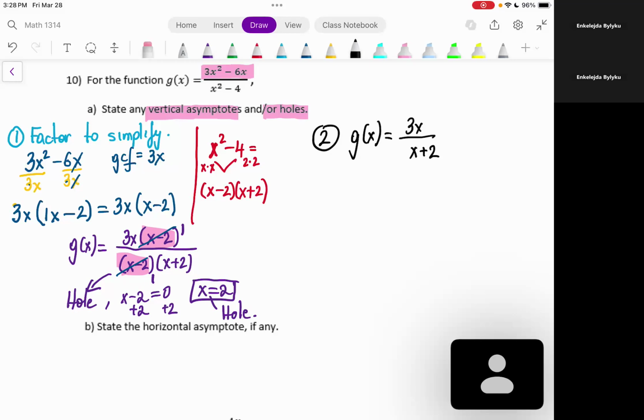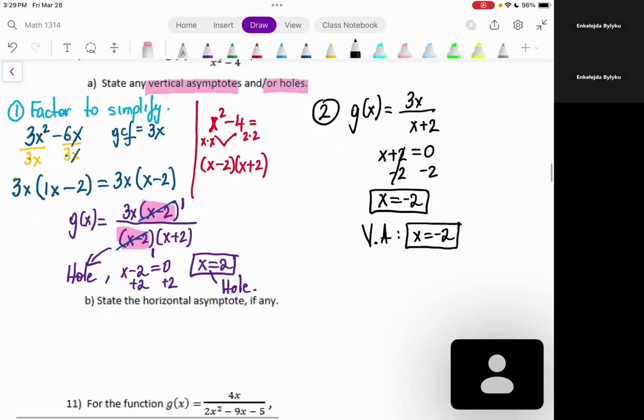Now we're going to set our denominator to 0, and we're going to solve for x. x is equal to negative 2. That means our vertical asymptote is x equals negative 2. So our function had only one vertical asymptote at negative 2 and one hole at x equals 2.